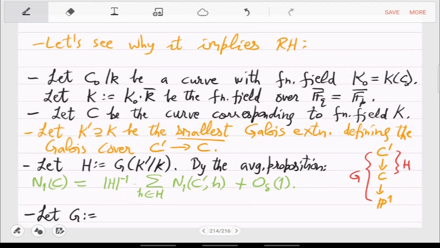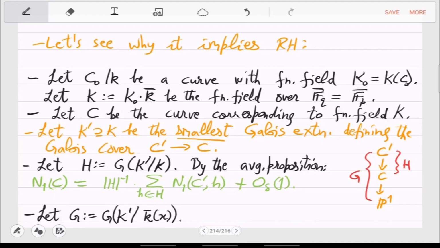So that's by the Galois group K prime over K bar X, viewing the projective line over the algebraic closure.